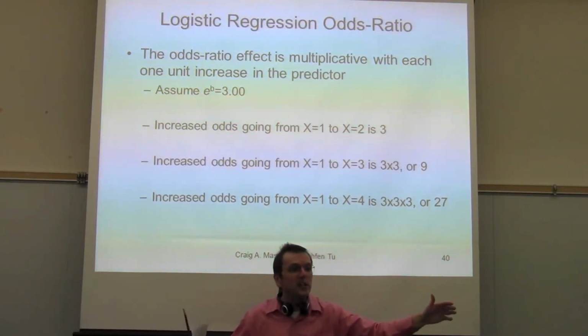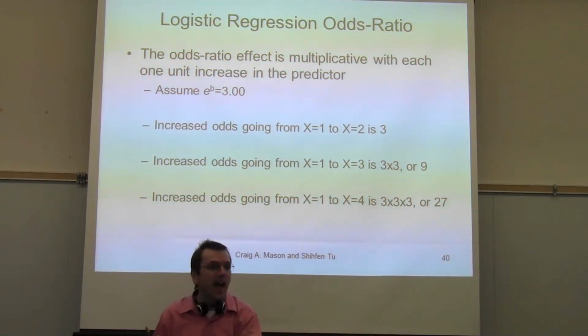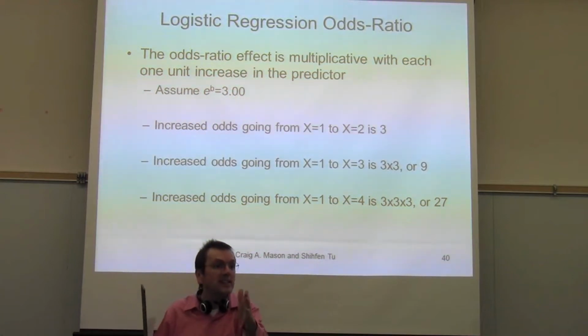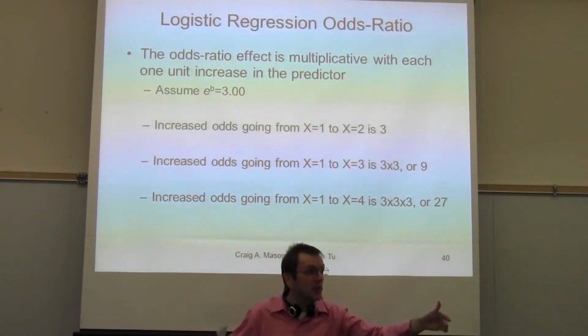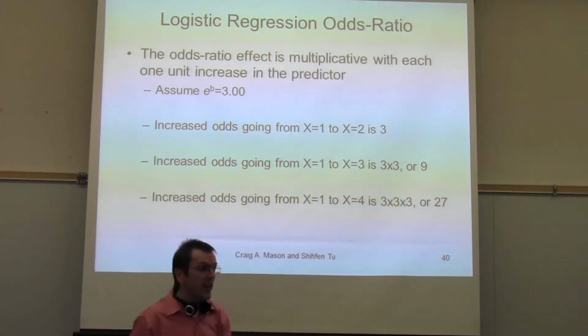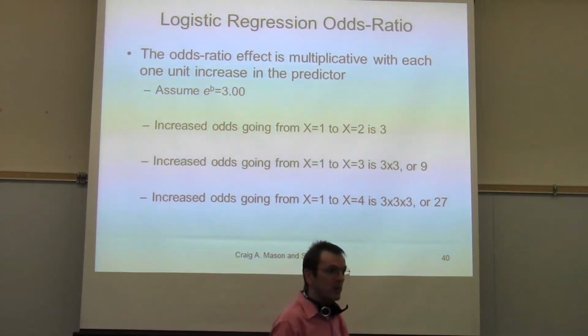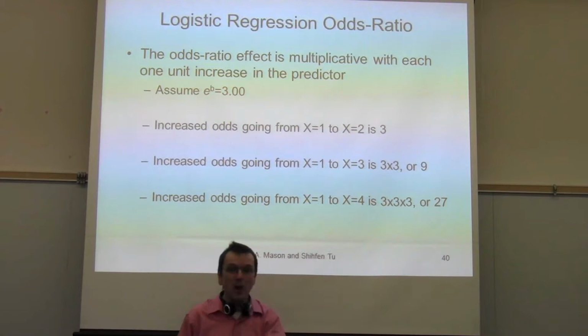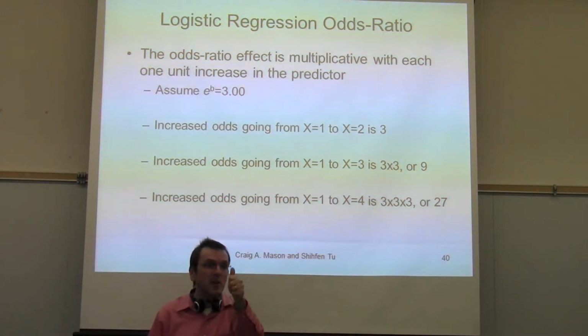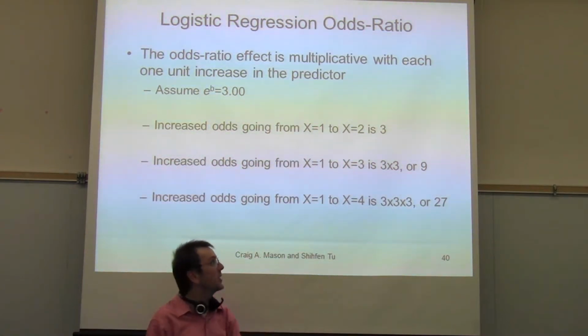So instead, the units will be 10 hours. So a 1 is 10 hours a week, a 2 is 20 hours a week, a 3 is 30 hours a week. So you're saying a 10-hour increase in working leads to what effect? Instead of a single hour, just to avoid having to do a 1 hour times 1 hour times 1 hour over and over again.